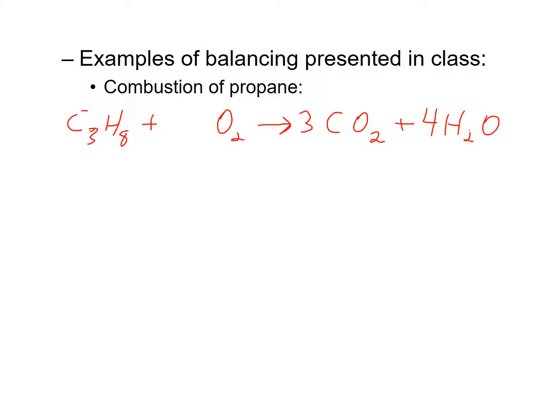And then finally, the oxygen atoms. I see I have 4 plus 6 makes 10. So I need 5 oxygen molecules on that side. And that equation should be balanced.